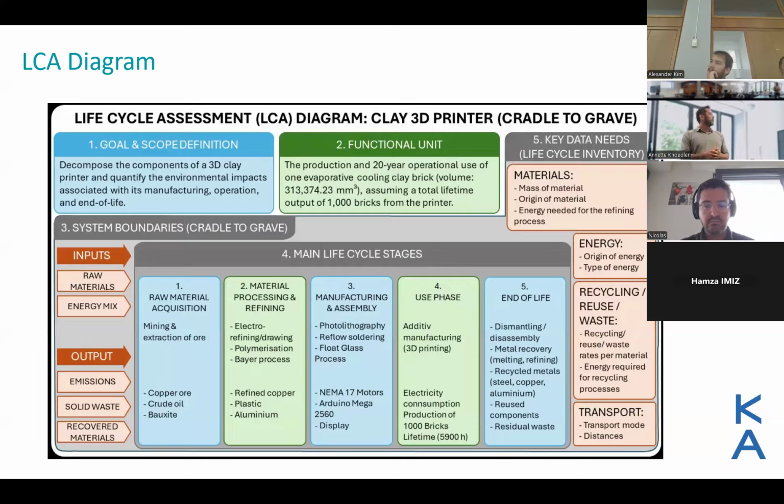And in this manufacturing and assembly, we just show how processes like machining and assembly, how much energy they need to make this 3D printer. After that, we have the use phase, how much electricity consumption the 3D printer has to produce every brick. And finally, how can we recycle, reuse, or waste our 3D printer?